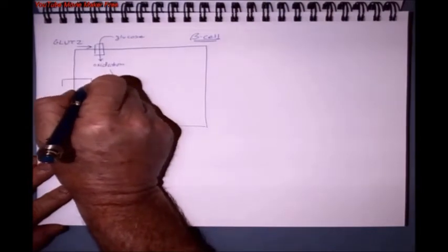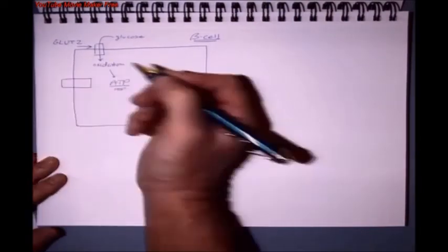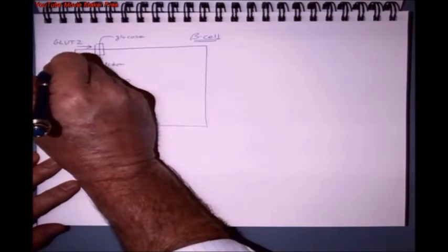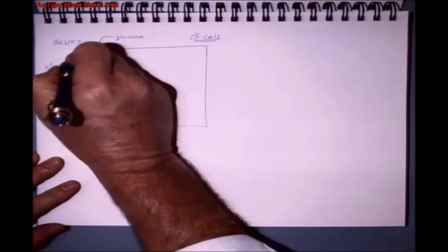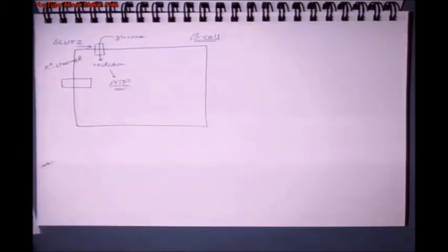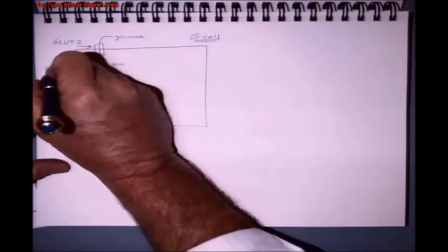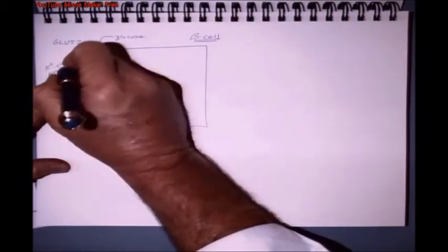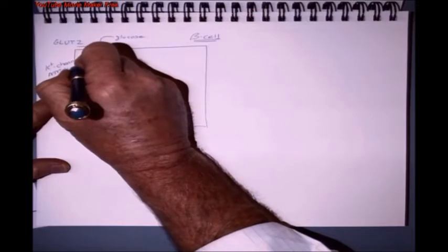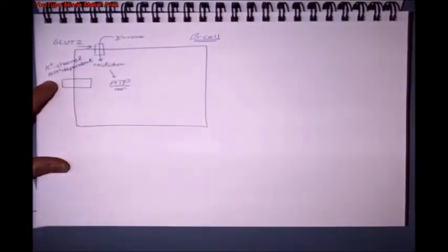What we have on the membrane also is what's called a potassium channel. Now this is not a potassium ATPase channel. This is not going to hydrolyze ATP. What this is simply going to do is to bind ATP. So this is called an ATP-dependent potassium channel.